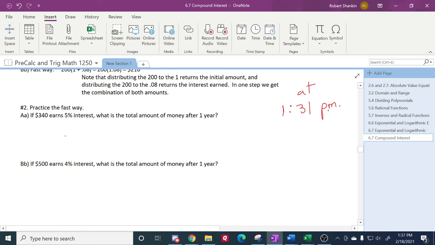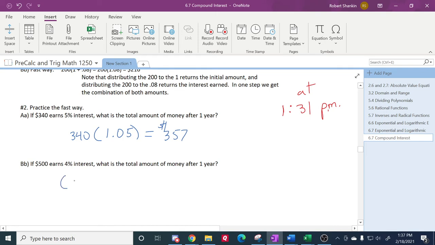So this first one, it's 340 times, instead of 0.05, it's all in one step, 1.05. Punched out in the calculator, $357.